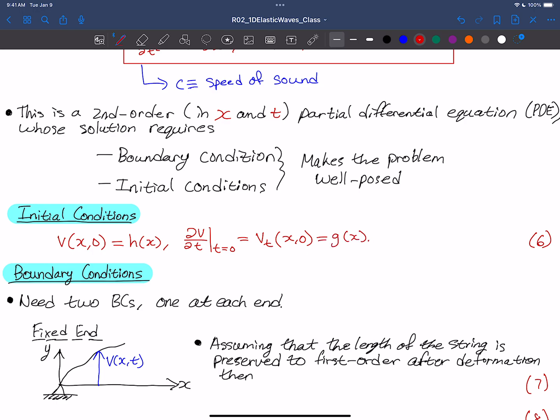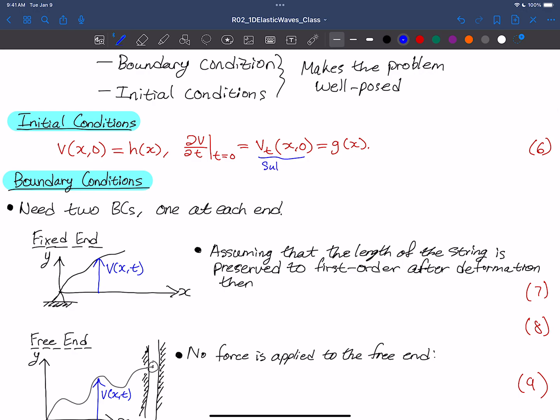So that's our initial conditions, just two generic functions that depend on space. And let's just add a note here that subscript implies derivative. We're going to use this subscript to represent the derivative primarily throughout this class, and it just helps us save time so we can avoid having to write all of these partial symbols.